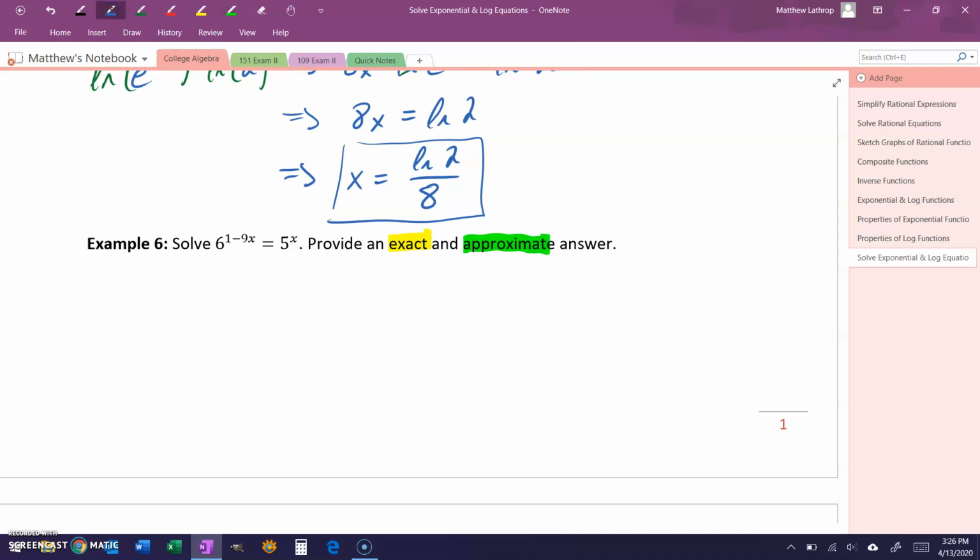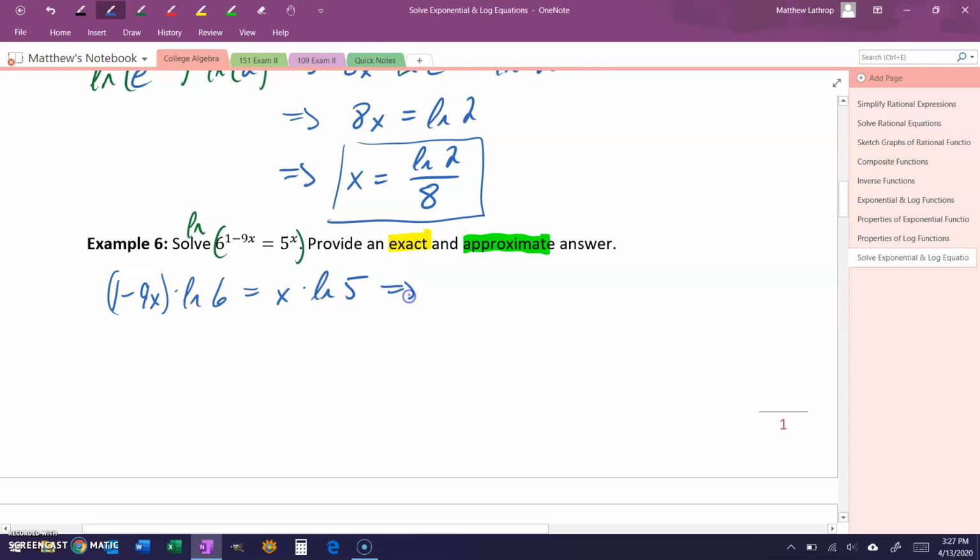What we can do to start off would be, again, taking the natural log of both sides of this expression, which would allow us to bring those powers down as a factor in front. So we would get 1 minus 9x times the natural log of 6 is equal to x times the natural log of 5.